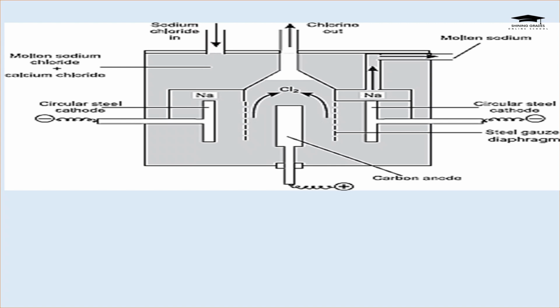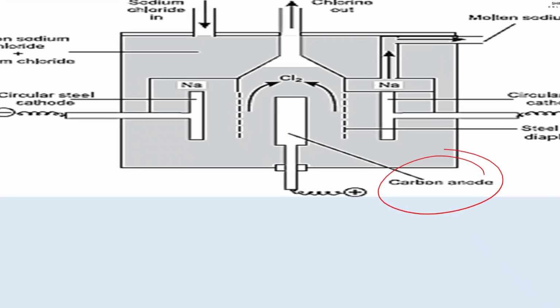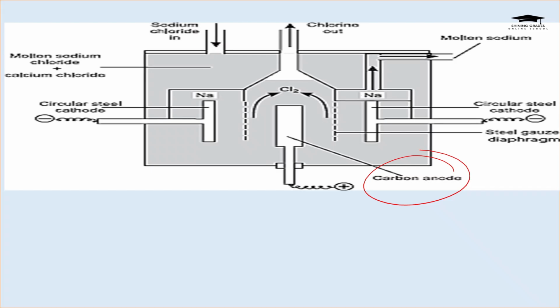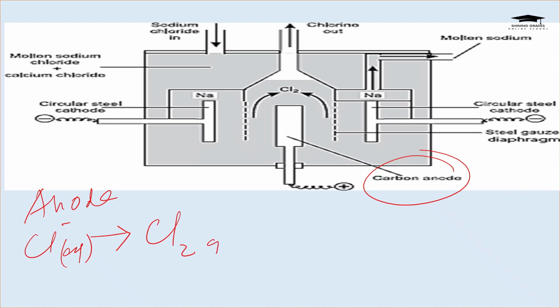And we have seen at the anode, which is represented by the carbon anode, the chloride ions lose electrons to form chlorine gas with the release of one electron, which we balance with a 2 to be 2 electrons. So chlorine gas is formed at this particular point.